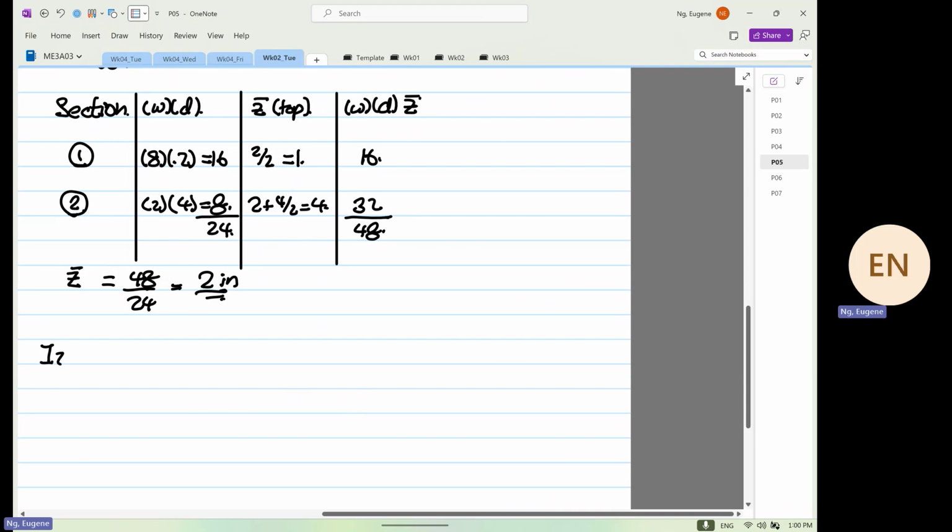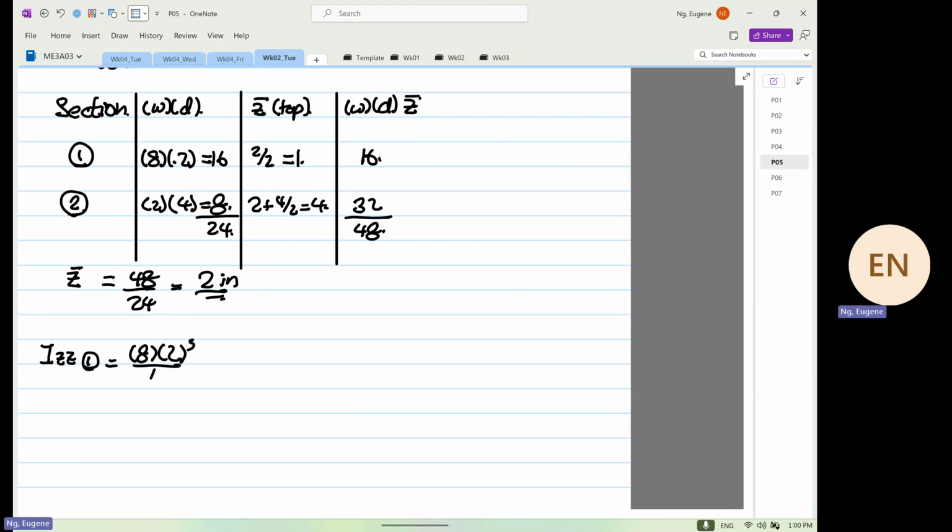So Izz1 will be equal to 8 times 2 cubed over 12 plus 16 times (2 minus 1) squared. Okay, so this will be equal to... freaking calculator. So 8 times 2 to the power 3 divided by 12 plus 16 is equal to 64 over 3 inch.